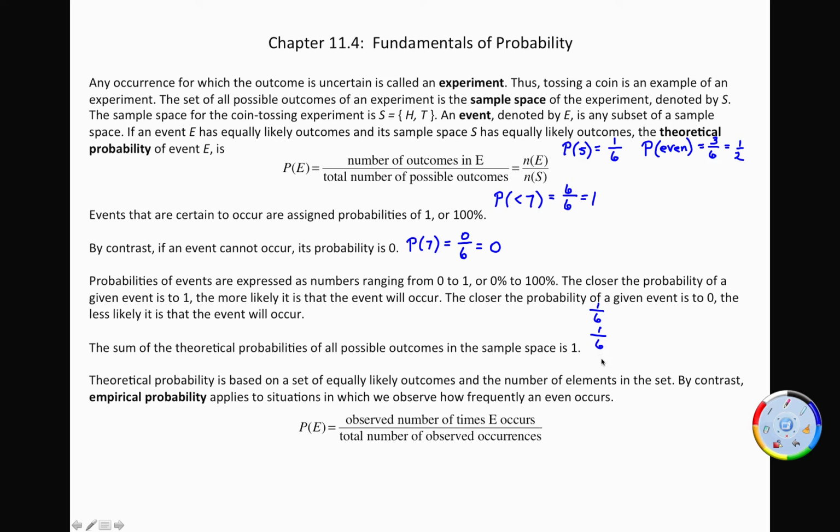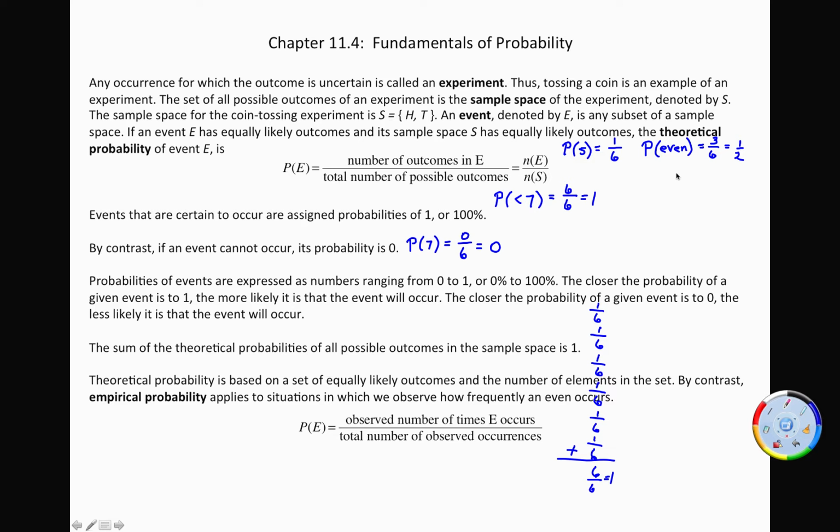The probability you roll a 3, since there's 1 three out of 6 possible outcomes, is 1 out of 6. The probability that you roll a 4 or a 5 or a 6 are all 1 out of 6. If I were to add those up, take their sum, adding the numerators gives me 1, 2, 3, 4, 5, 6 out of 6, or 1.